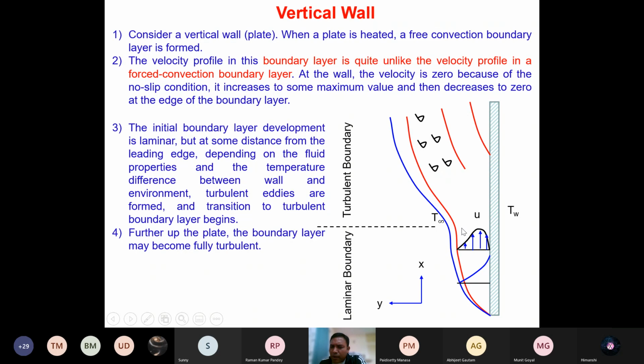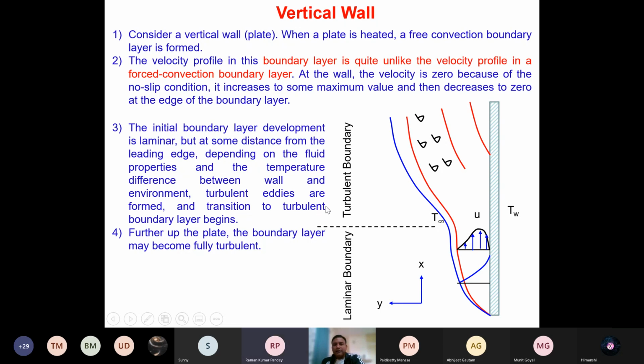But as the distance from this leading edge increases, the velocity of the fluid element also increases, and from a laminar boundary layer we move to a turbulent boundary layer, isn't it? So when we can have a turbulent boundary layer depends on 2-3 things. It depends on the viscosity of the fluid. It depends on the temperature difference between the fluid and the wall, isn't it?